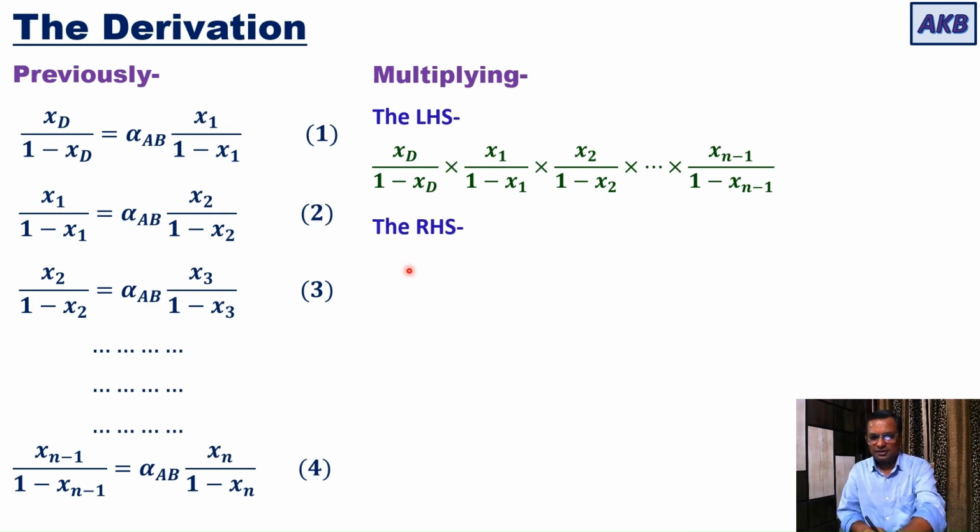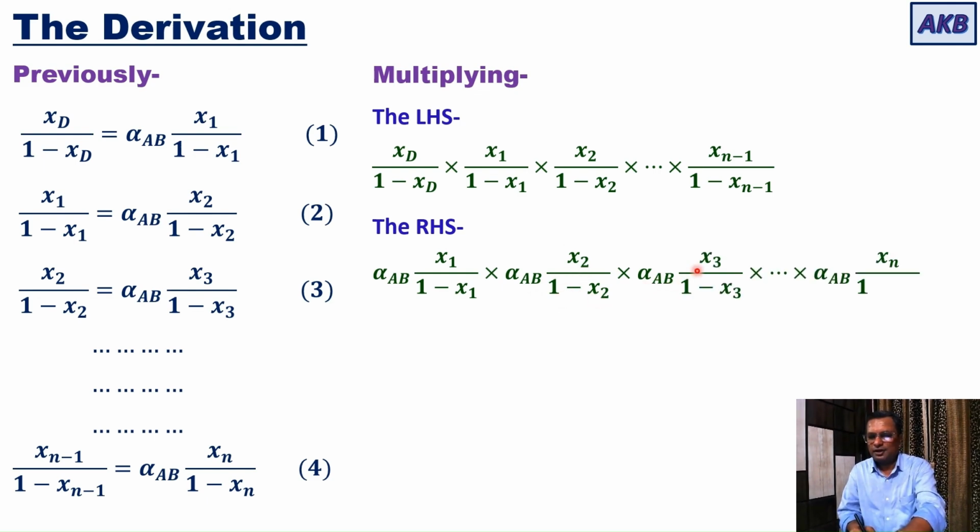Then the multiplication on the right hand side will be alpha AB into x1 upon 1 minus x1 into alpha AB into x2 upon 1 minus x2 into alpha AB x3 upon 1 minus x3 into the last term, alpha AB into xn upon 1 minus xn.